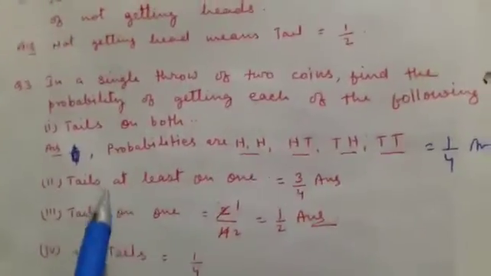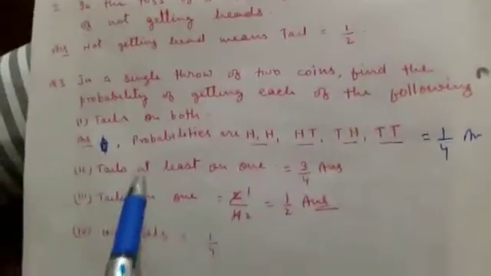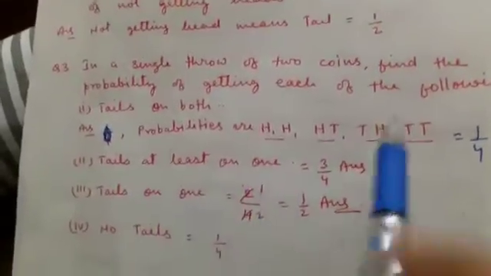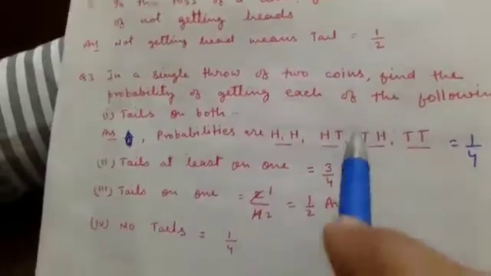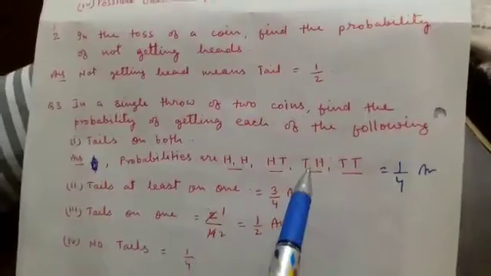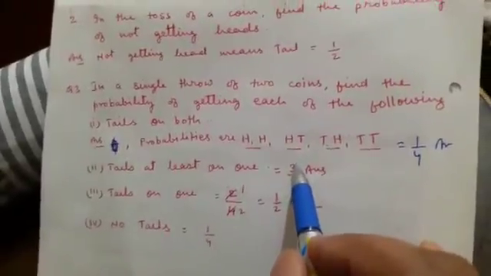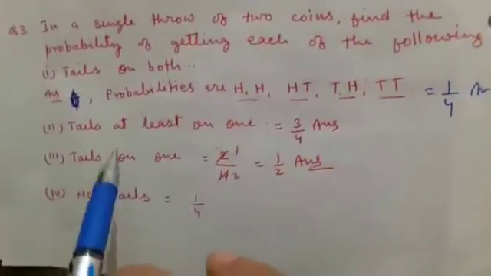Next question is tails at least on 1. How many times is tail coming? Let us see. 1, 2 and 3. So 3 by 4. 4 is the total possible outcomes and 3 is the favorable outcomes.